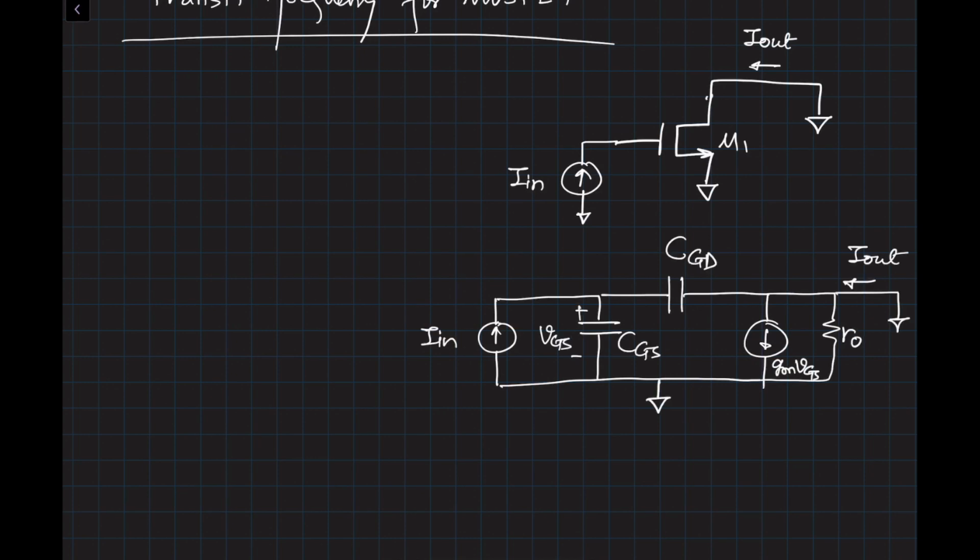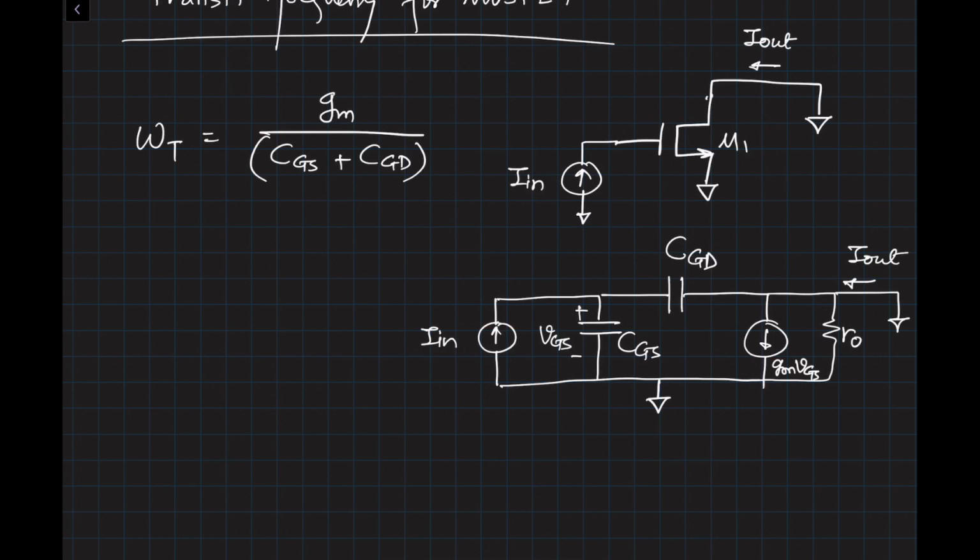We can go through a similar derivation, and you will find that the transit frequency is equal to Gm divided by CGS plus CGD. Very similar to the bipolar derivation.